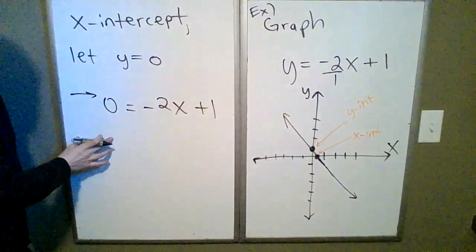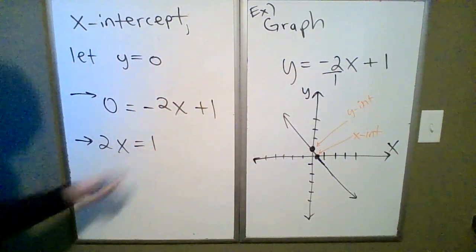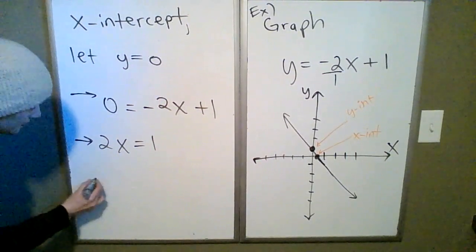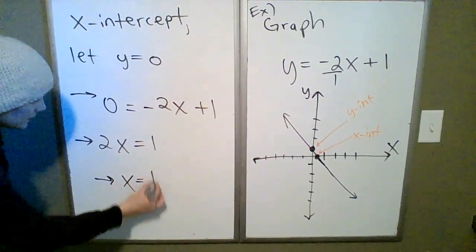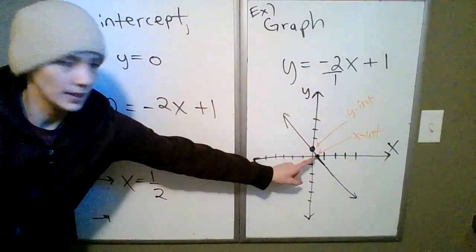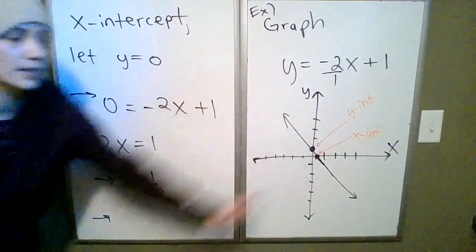So I could add 2x to both sides and divide both sides by 2. Okay, so that point is 1/2 for x, 0 for y.